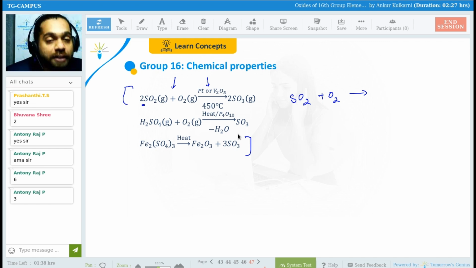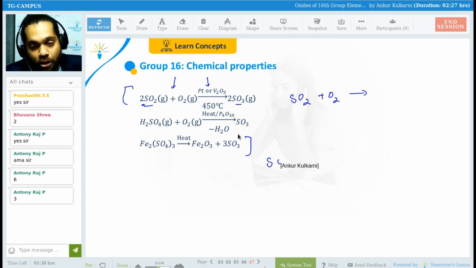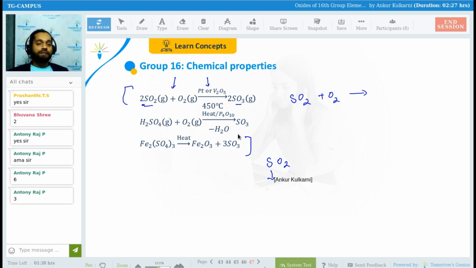That is why I am saying the oxidation of sulfur dioxide, because to the SO2 oxygen is getting added and it is becoming SO3. Is it clear, everyone? If you check it with respect to electrons also, it will be the same. For example, in SO2, what is the oxidation state of sulfur?